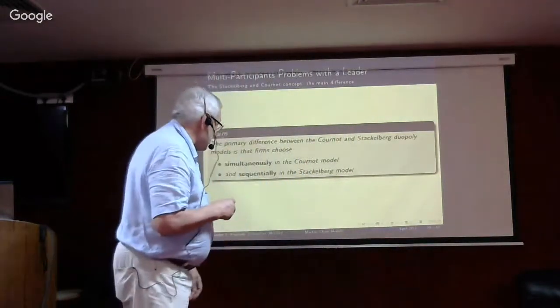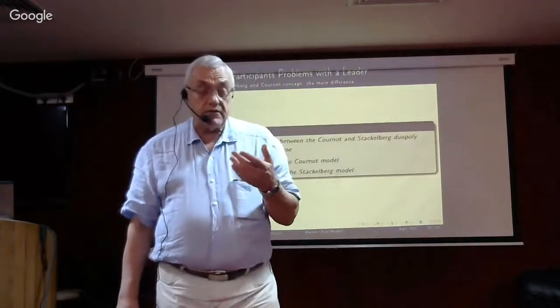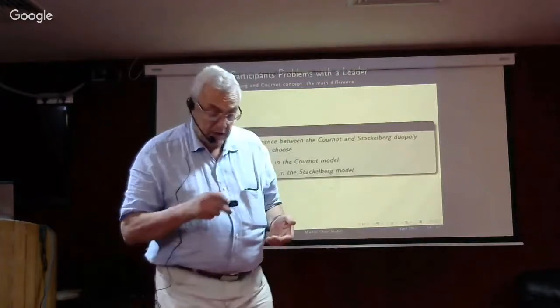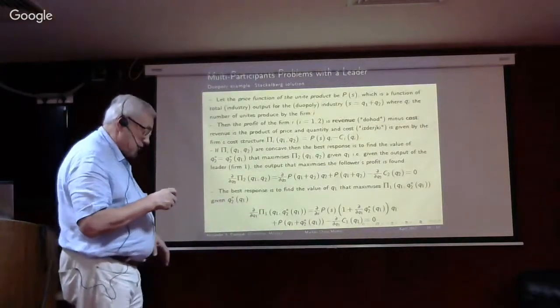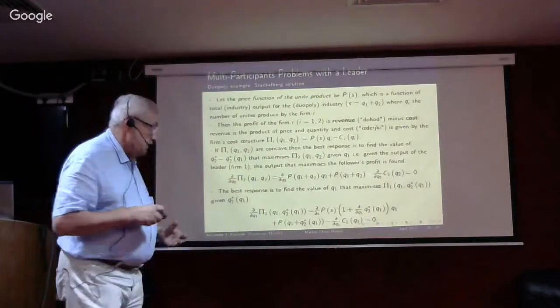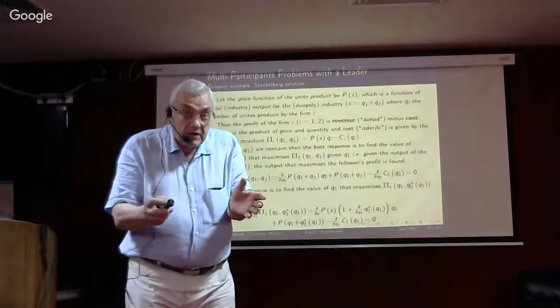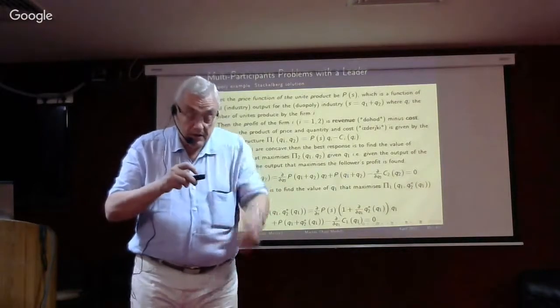And Stackelberg suggested the model with a leader in the 1930s. So this is the description of how to understand the difference if we make the optimization decision at the same time, or if we make it sequentially.